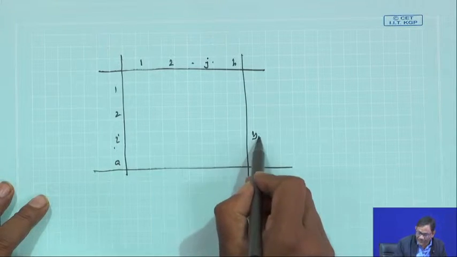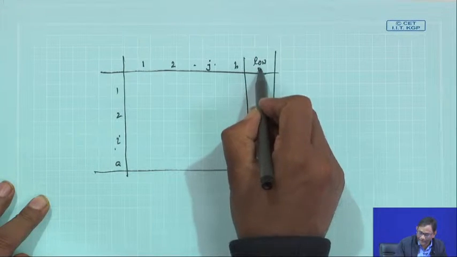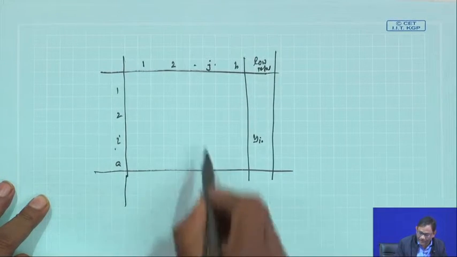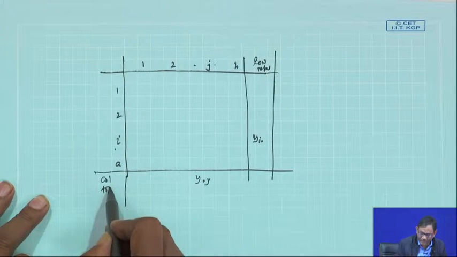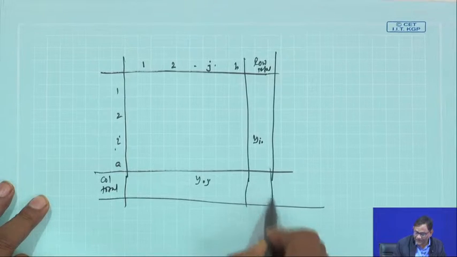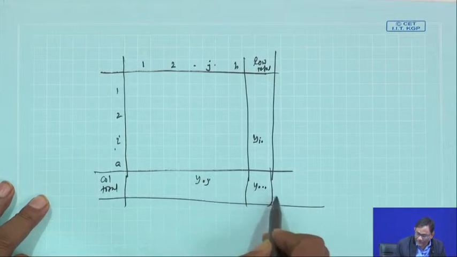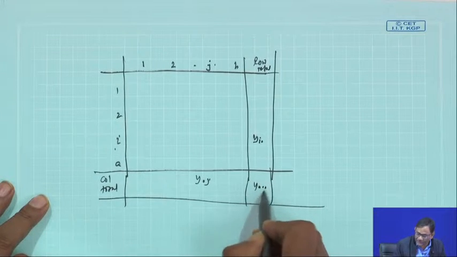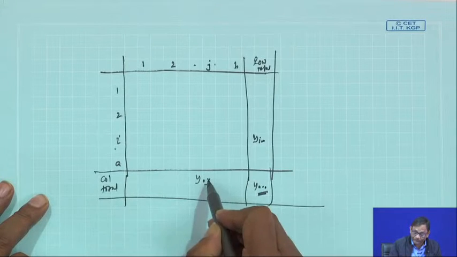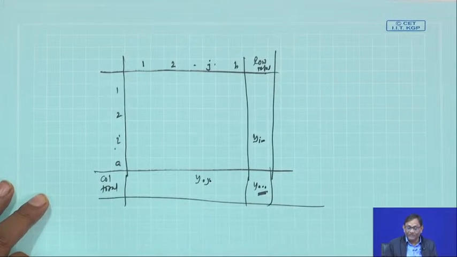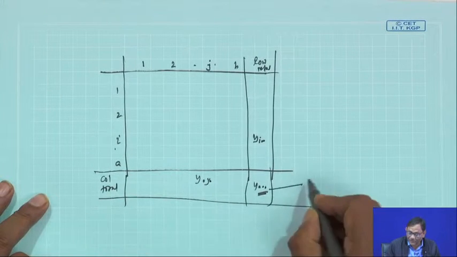This is y_i.., the row total, this gives y_.j., the column total, and y_... is the grand total.